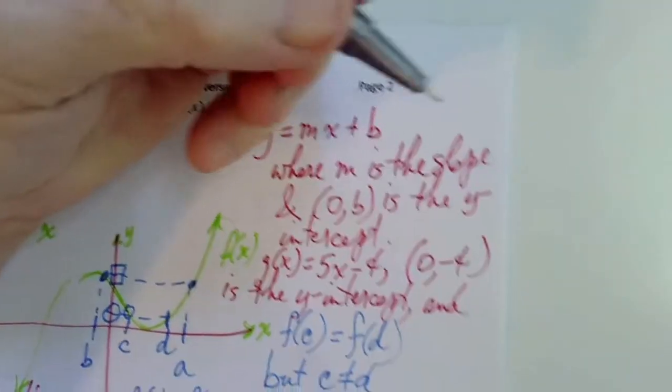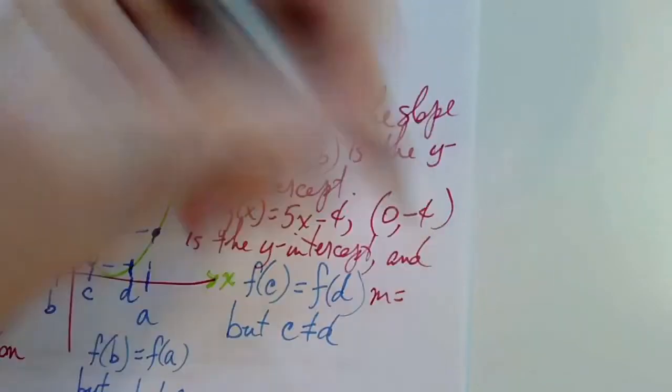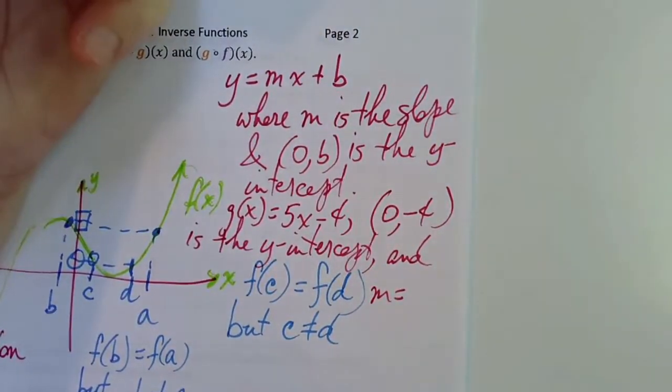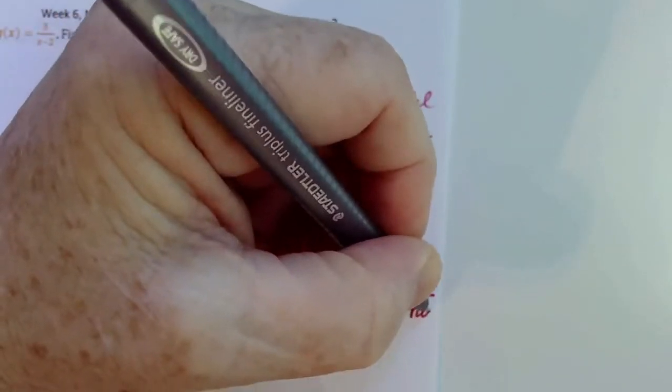And the slope is 5. Well, that's not exactly a fraction. I always think of a slope as rise over run. Let's write this 5 as 5 over 1. Rise over run.